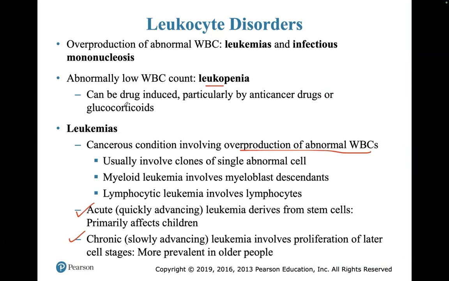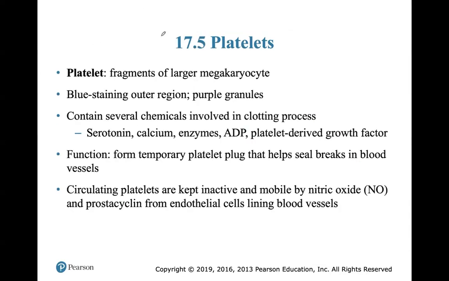All right. The second one, the last formed element, is obviously platelets. Now, platelets are not full cells. They are fragments of a cell called a megakaryocyte. They're small and they have several clotting chemicals, including serotonin, calcium, several enzymes, and ADP. Why? Because their function is to form a temporary platelet plug.